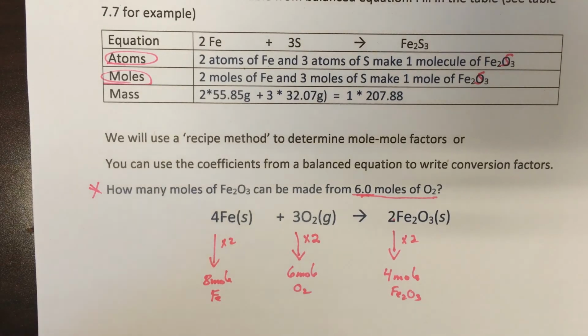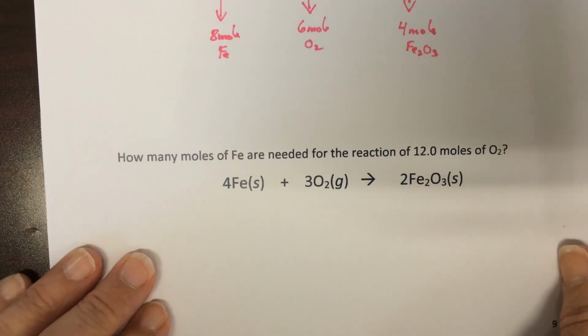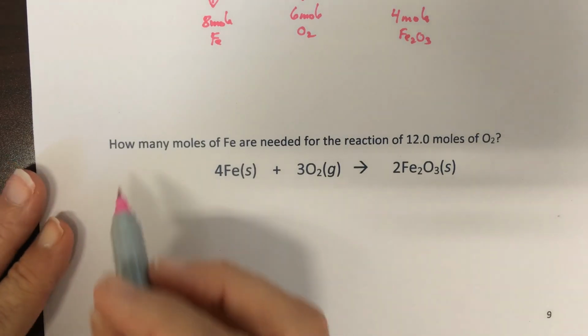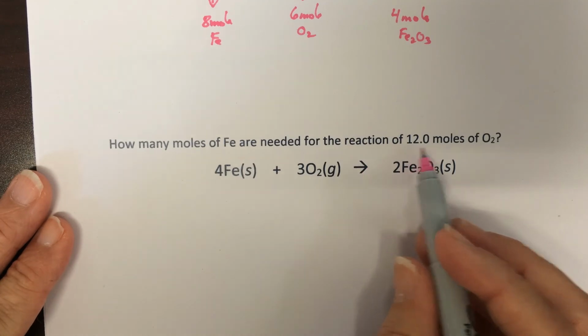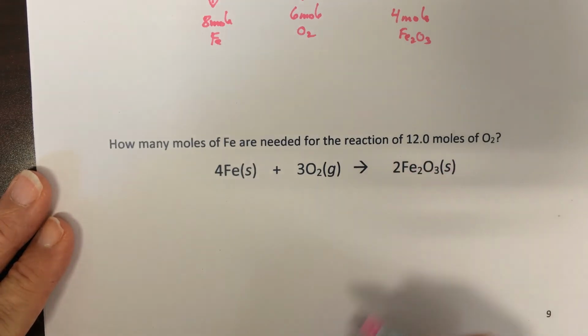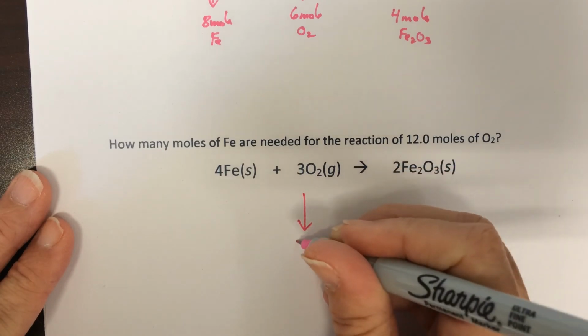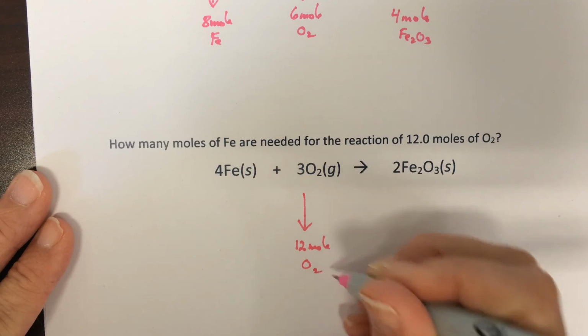Let's do another example. You can shut the video off and see how you do on this one. How many moles of iron are needed to react 12 moles of oxygen? I'd like this to be 12 moles of oxygen.